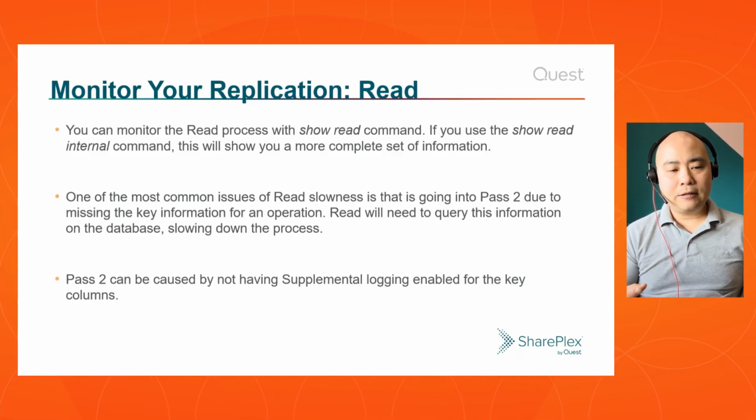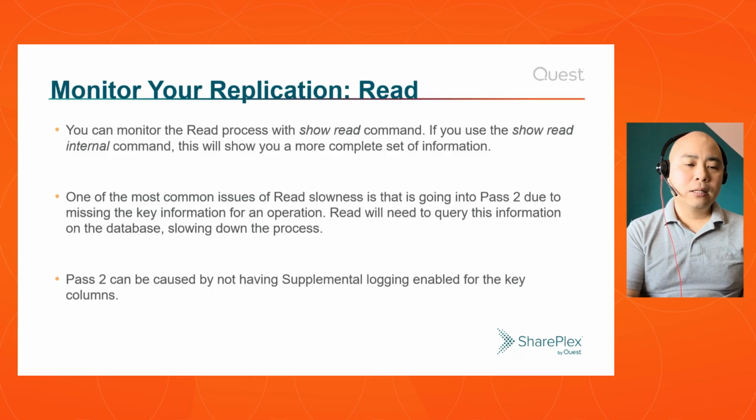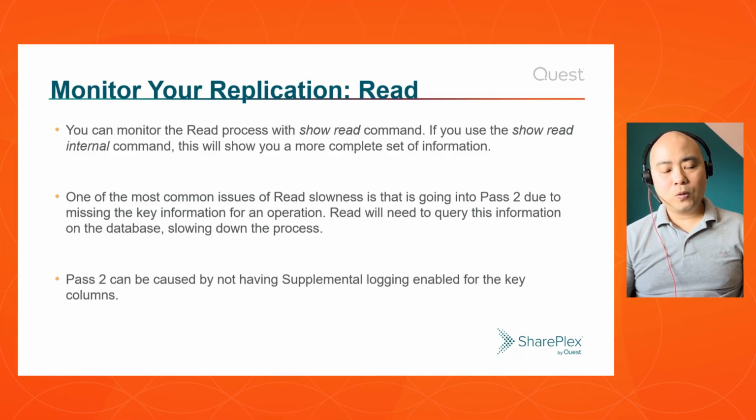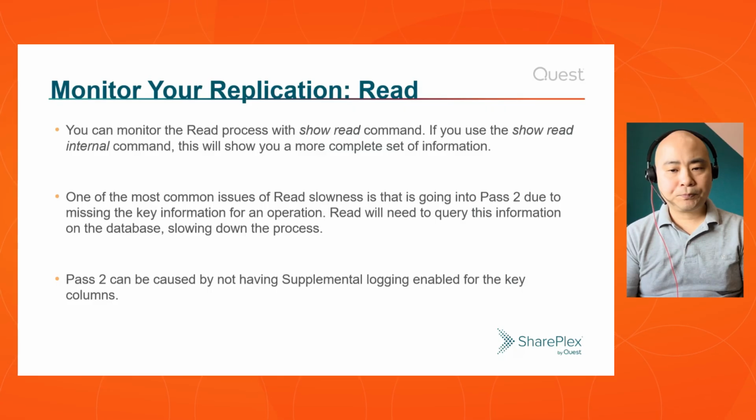It means that if you are not using supplemental logging for all columns, read will need to go back to the table, get the information of the rows you didn't modify, so it can build the message to send to the target for being processed.